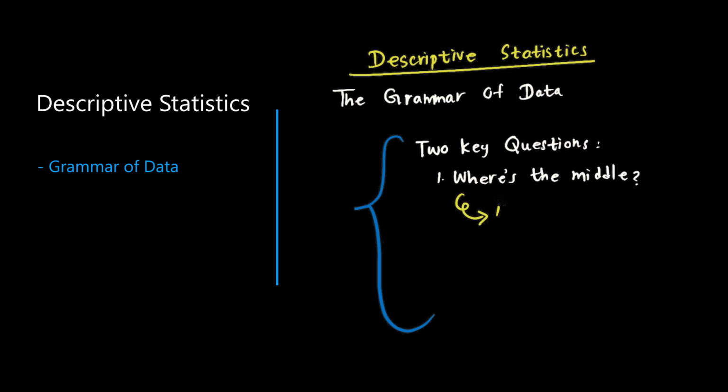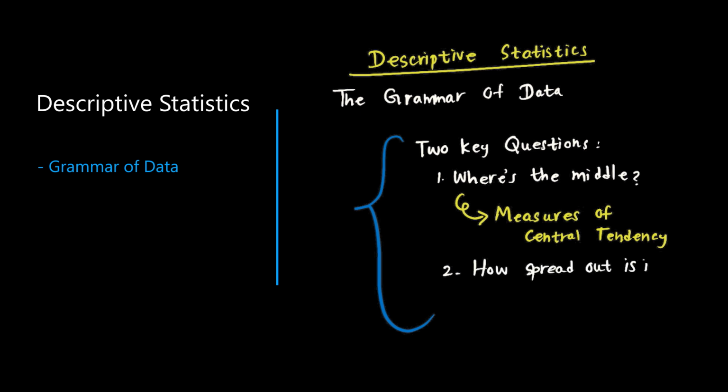We do this using two main categories of tools: measures of central tendency and measures of variability. This sounds technical, but it really boils down to answering two very simple, intuitive questions about any group of numbers. First, where's the middle? And second, how spread out is everything? If you can answer those two questions, you've captured the essence of your data.